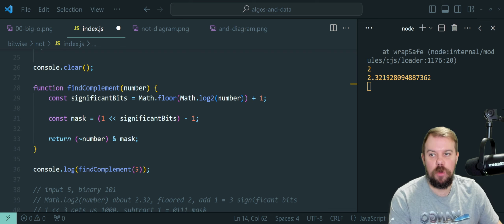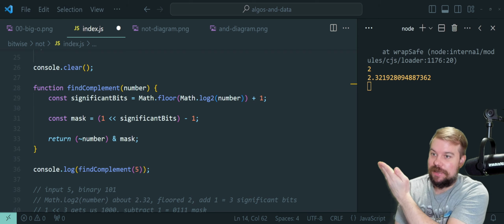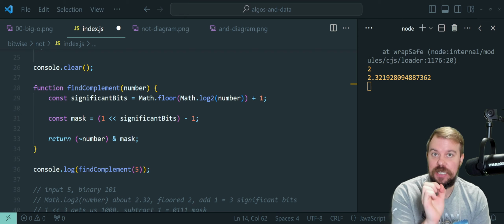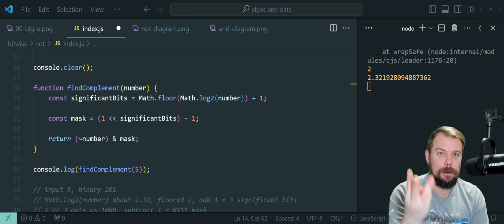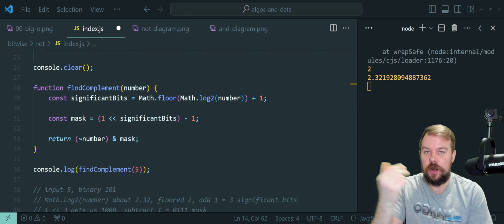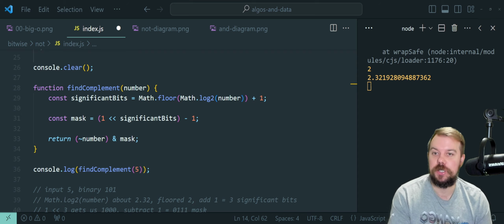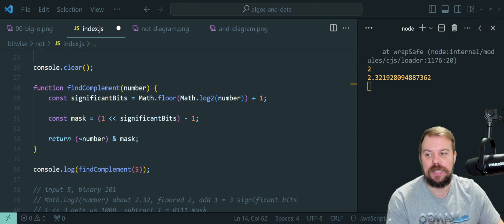Now, while I did a more in-depth explanation of masks in a previous video, as a quick reminder, the mask is right there. A bit mask, or a mask, is a binary number used to selectively modify, observe, or manipulate specific bits within another binary number. Aha! Because I'm trying to find a number's complement, I'm going to use a mask to get there. I've been calling it a stencil.